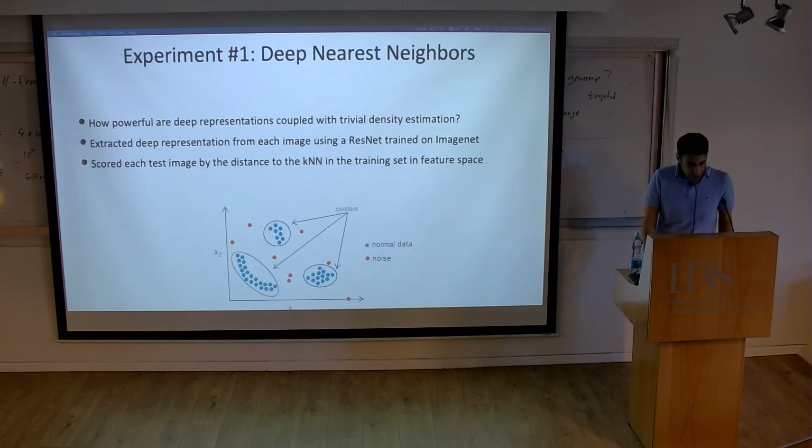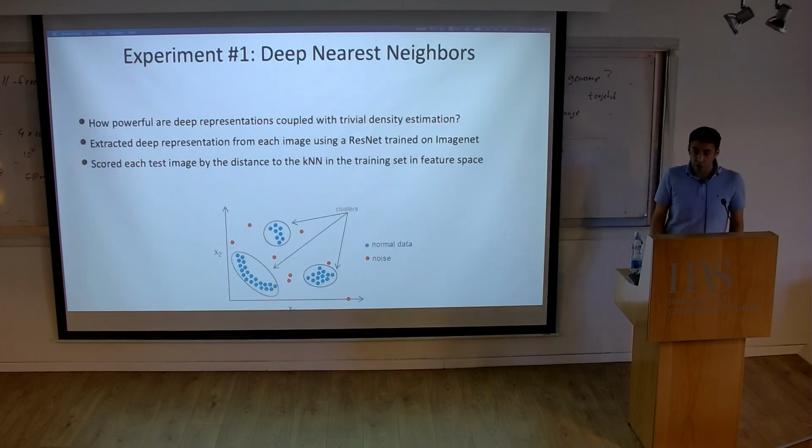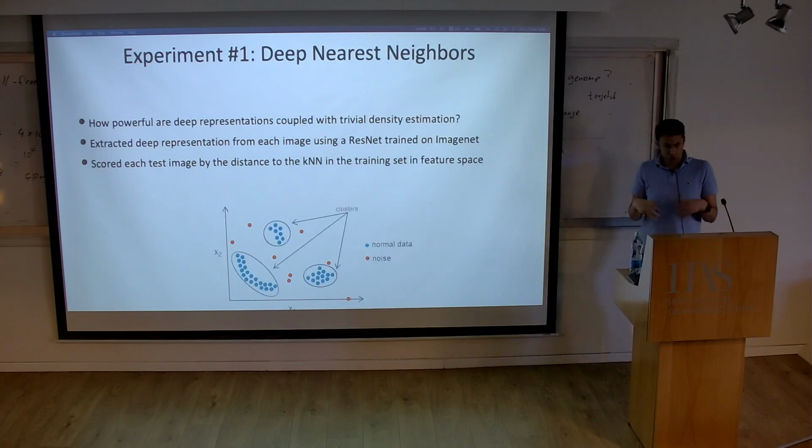So we performed a couple of experiments to see how well this performs. The first experiment we call deep nearest neighbors, and the idea is like this. We take this ImageNet pre-trained encoder, and we use it to map each one of the images, both in the training and the test, to deep representations, which consist of a couple of thousand numbers.